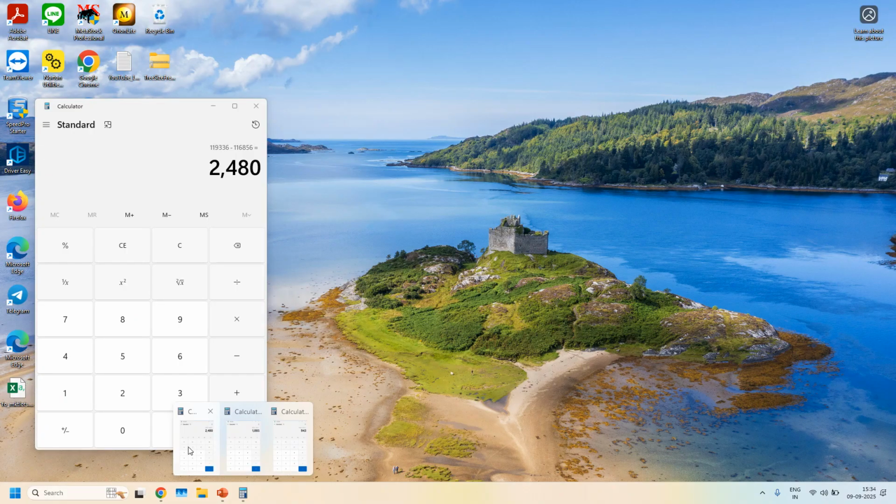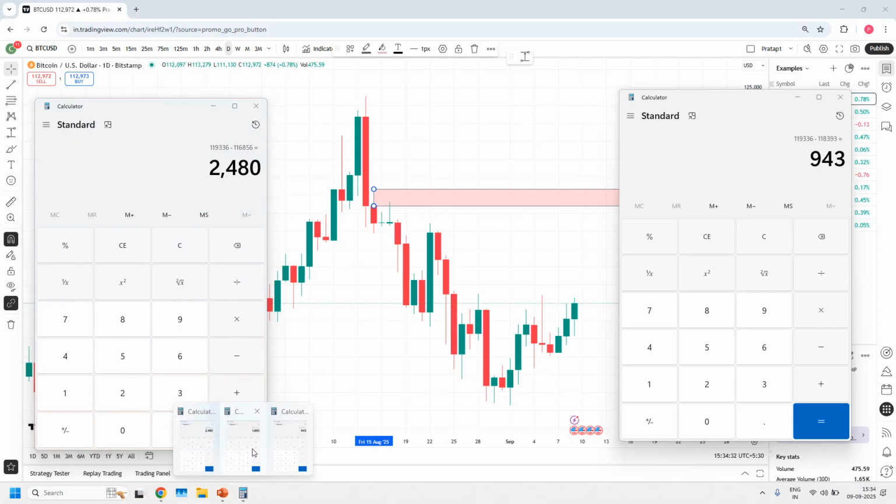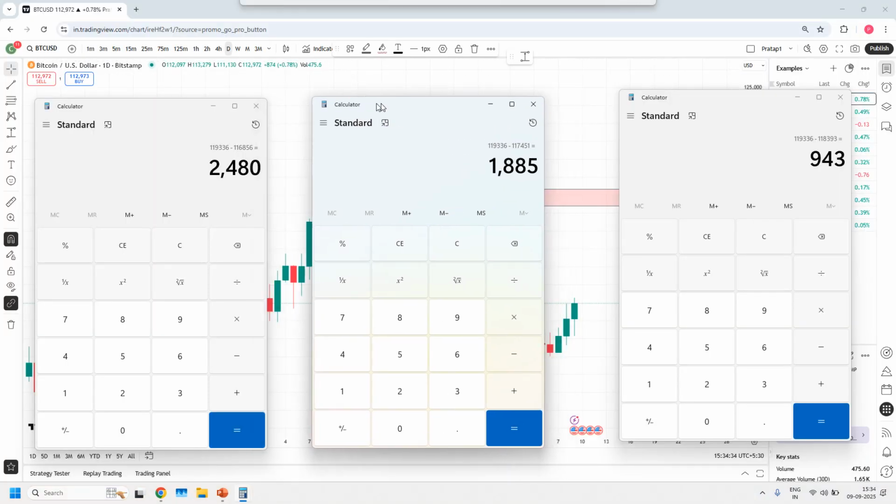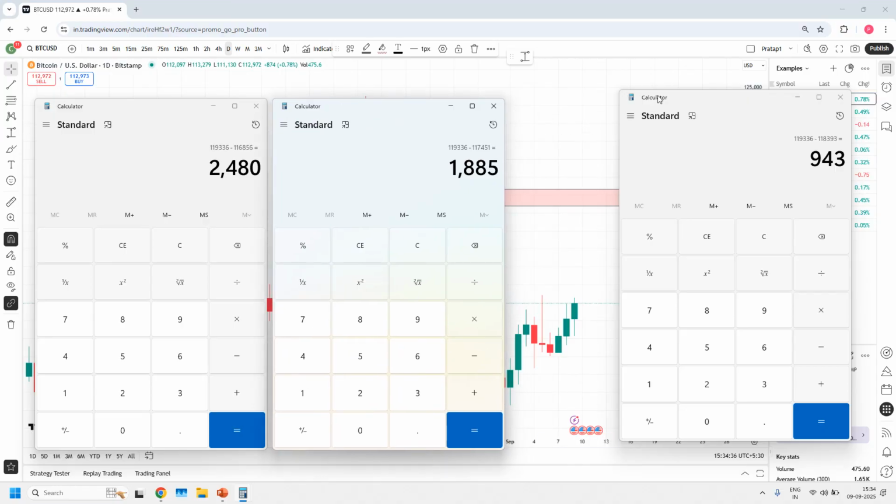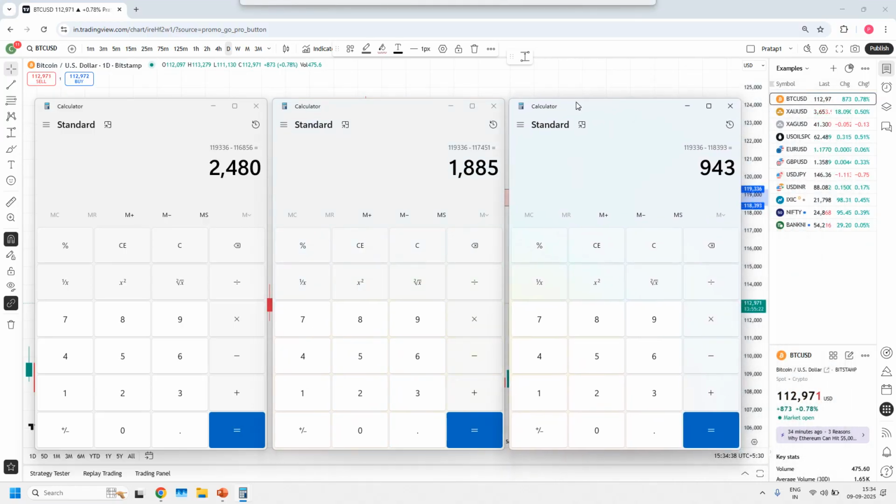Now you compare all three. This is the type 1 proximal: you have $2,480 US risk. Type 2 proximal, you have $1,885 risk. And type 3 proximal, you have only $943 risk.